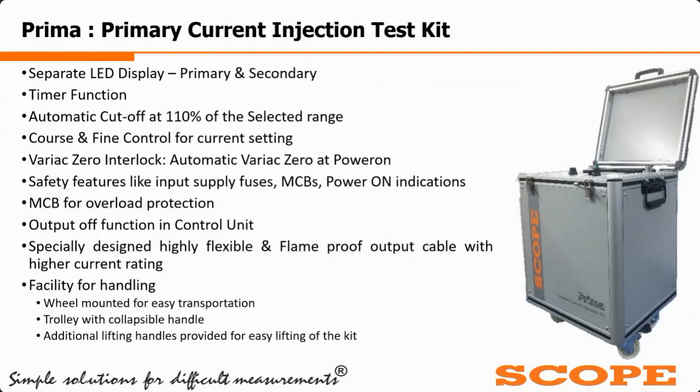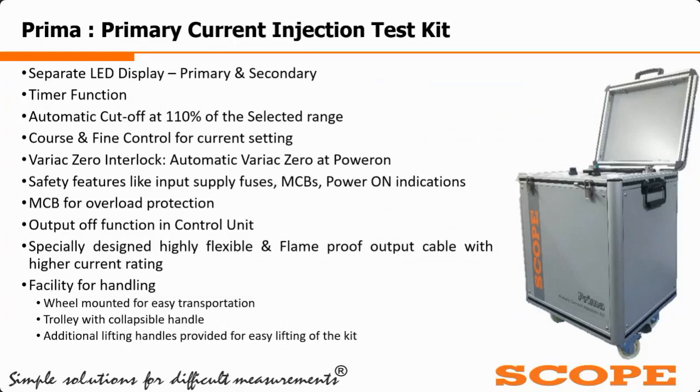Then we have provided separate LED displays for primary current and secondary current. This requirement is for checking healthiness by comparing the primary and secondary current. So by the formula primary divided by secondary current, we can manually check the CT ratio and analyze the CT healthiness.